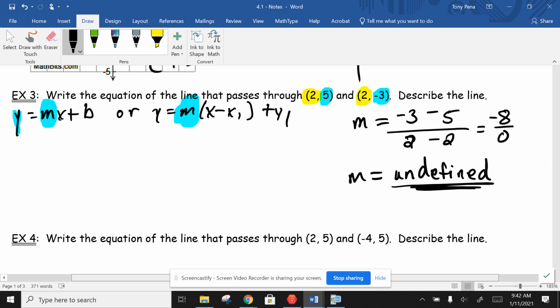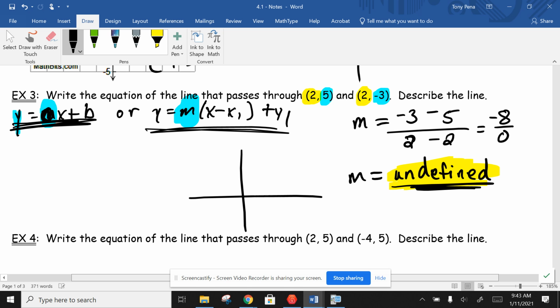All right. Now, what's tricky about this is we want to be plugging in what our slope is here and then here, but we can't plug in the word undefined. It's not like we can plug in the word for the m and write the word undefined. What we have to understand here is the type of line that has a slope that is undefined. Let's plot these points real quick. If I plot this point, 2 and 1, 2, 3, 4, 5, that's the first point.